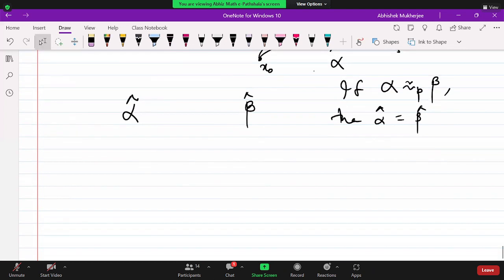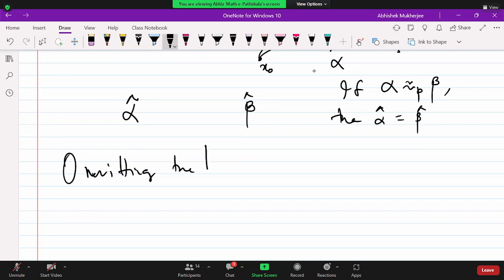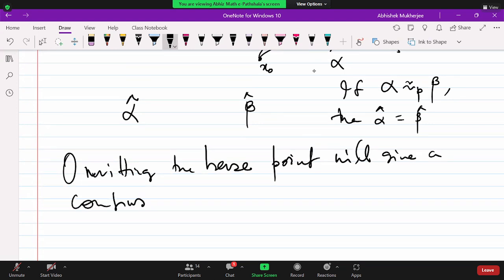So omitting the base point will give us a delicate confusion, right? So what is happening here?